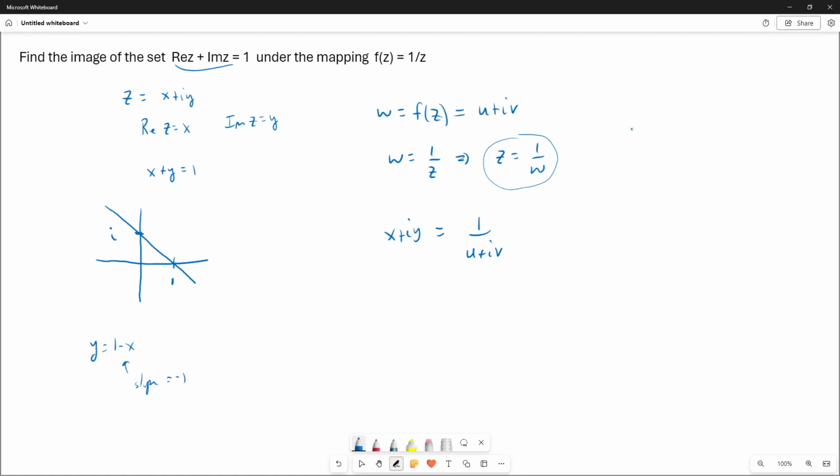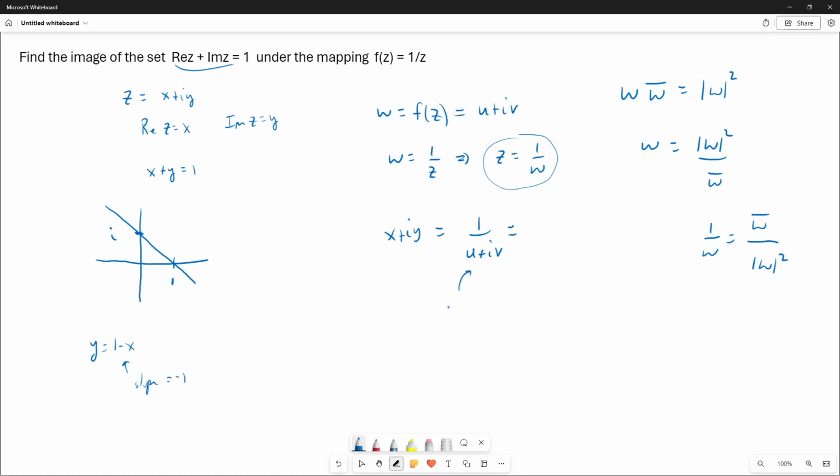Now, the reciprocal is, since w times w bar is equal to the modulus of w squared, we can see that w is equal to modulus of w squared over w bar, which means 1 over w is w bar over modulus of w squared.